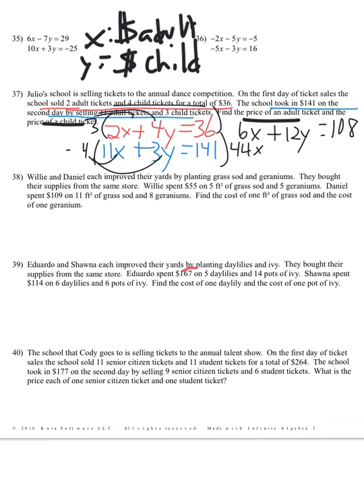So that's going to make this negative 44x, and then we are going to get negative 12y here. And then negative 4 times 141 is negative 564.